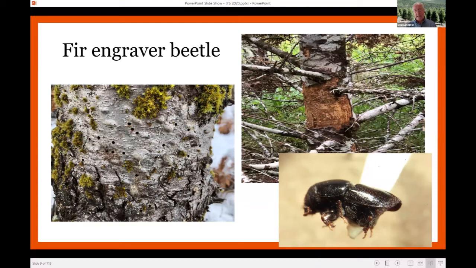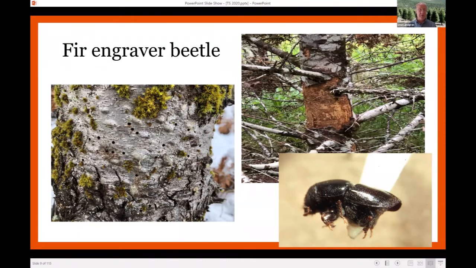So sadly, there's not much that you can do. There are no pheromone attractants or anti-aggregating attractants for these particular beetles. So cutting trees down and getting rid of the population of beetles when the trees are attacked is about the only thing that can be done.